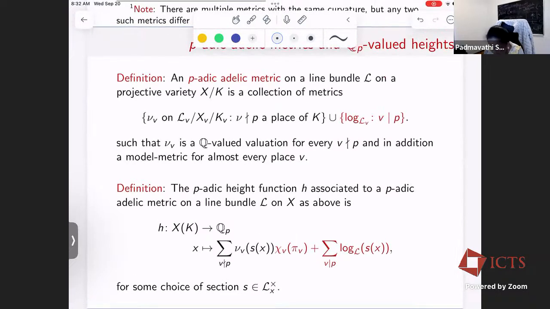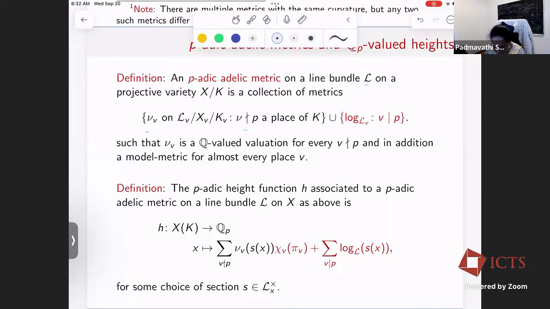So a p-adic adelic metric, okay, just to repeat what I just said. You can define this for arbitrary projective varieties, provided you have curvature forms for your line bundle. And abelian varieties all have curvature forms for any line bundle. So it's the data of a collection of metrics, one at each place.